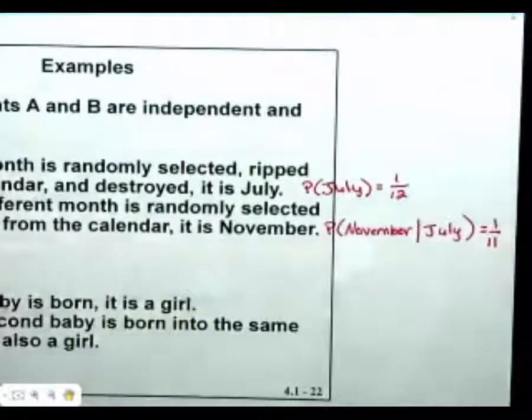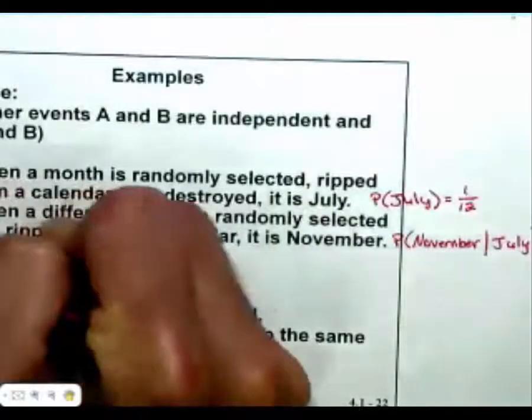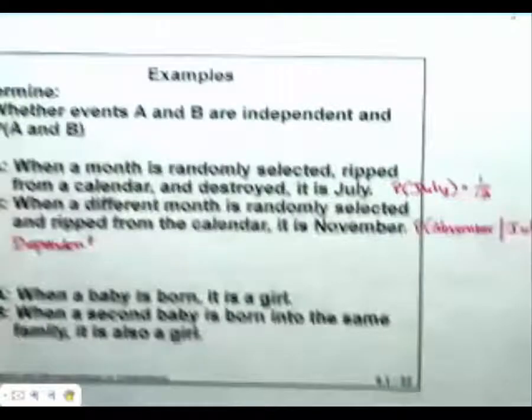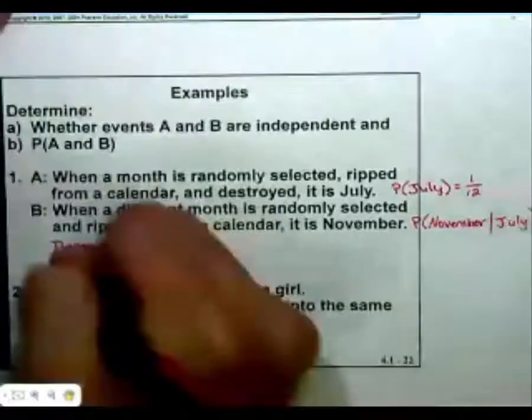Because those two events are dependent, the probability in the B part is not the same thing as the probability in the A part. Now that I have calculated these two probabilities separately, how do I find the probability of A and B?